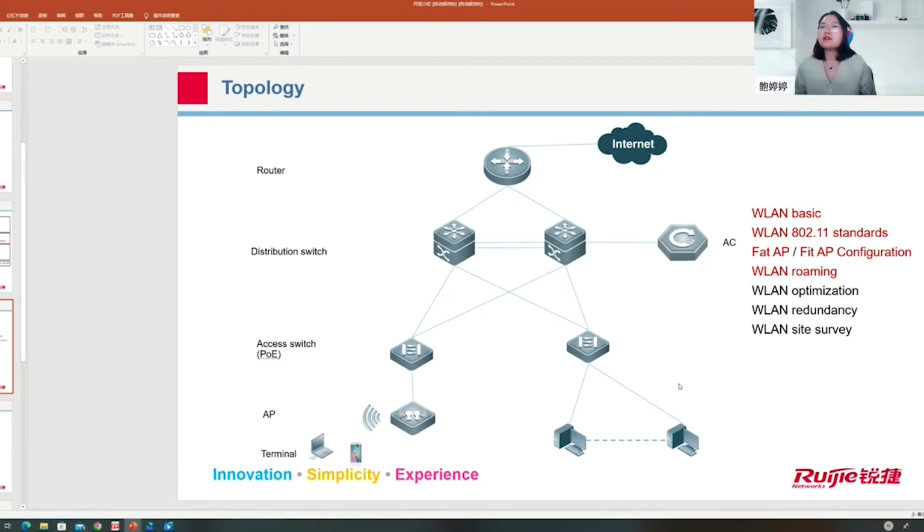And the second part: in the network, if the place is very big, the signal will be reduced when we move around and get far away from the AP. So in this scenario, maybe we will deploy multiple APs in our network, and we have to do the function of roaming.